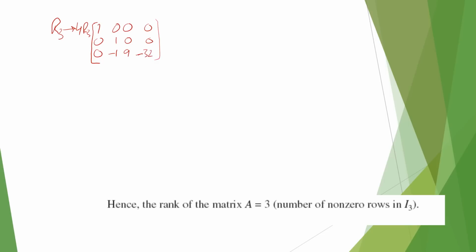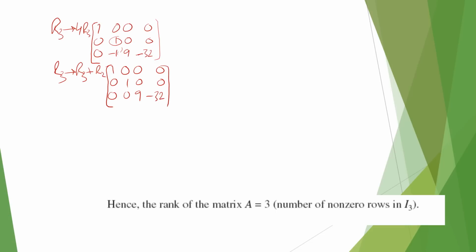Now by the help of that element, you make this 0. So we apply the operation on R3 plus R2. So it becomes 1 0 0 0, 0 1 0 0, 0 0 9 and minus 32.